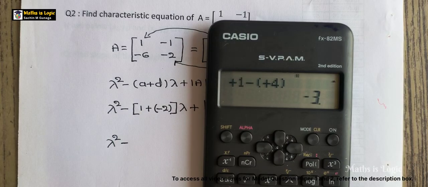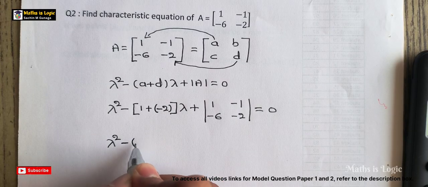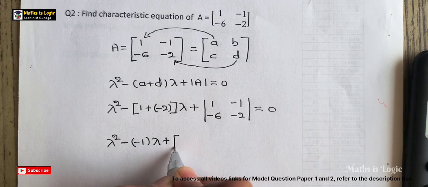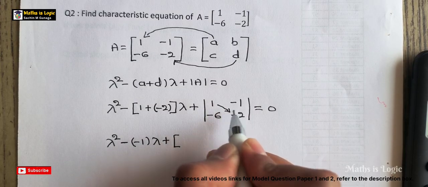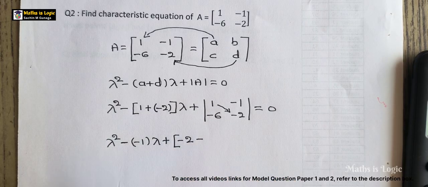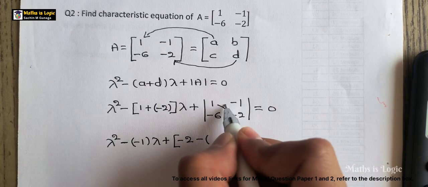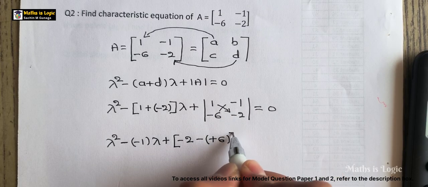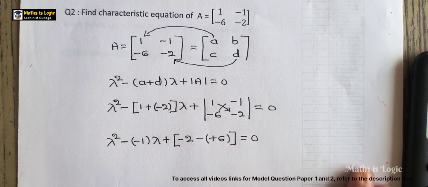Next, use the calculator here. So 1 plus in bracket minus 2. So what is the answer? Minus 1. So in bracket keep minus 1 into this lambda plus, again in bracket apply the second order determinant rule. Plus into minus is minus, 1 into 2, 2, middle minus sign, again in bracket minus into minus is plus, 6 into 1 is 6, is equal to 0.